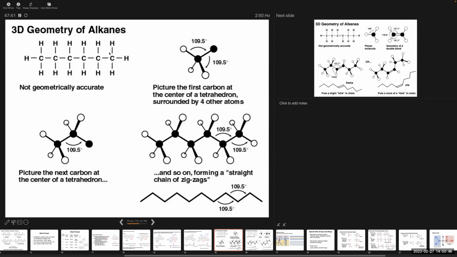In reality, you have to imagine that every single one of these carbons is sitting at the center of a tetrahedron. So here's our tetrahedral model of the carbon atom. We've got the carbon sitting at the center, attached to 4 other bonds. And imagine the 2 bonds at the top are lying in the same flat plane.